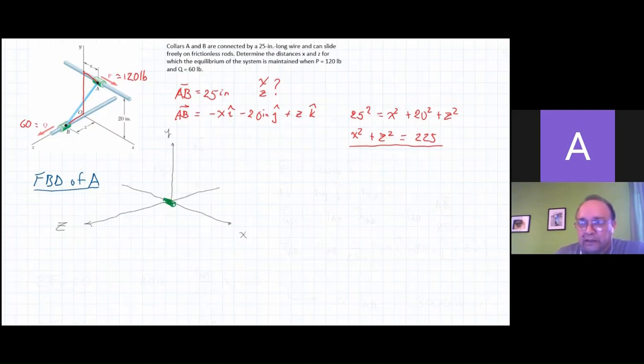So let's draw the forces that are acting on collar A. First of all, the force P is acting on this collar, force P. P equals 120 pounds.